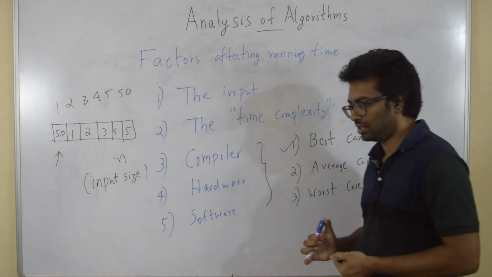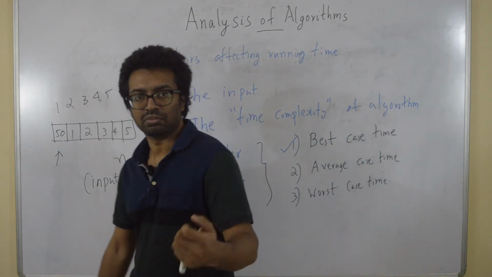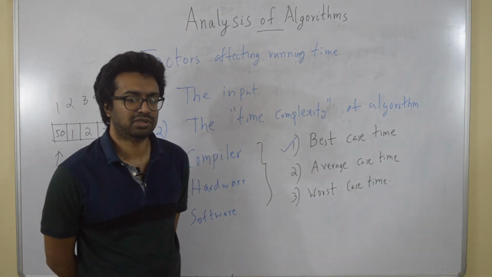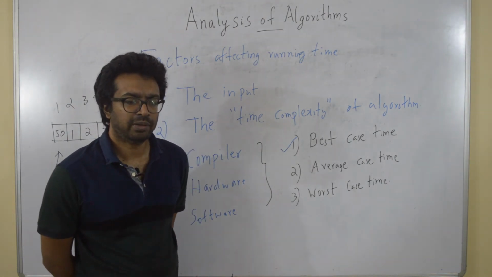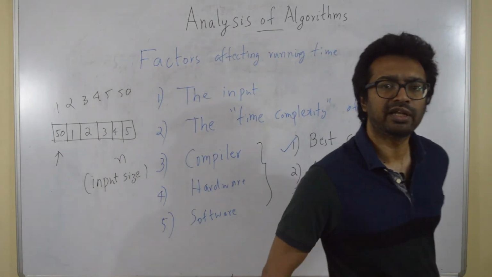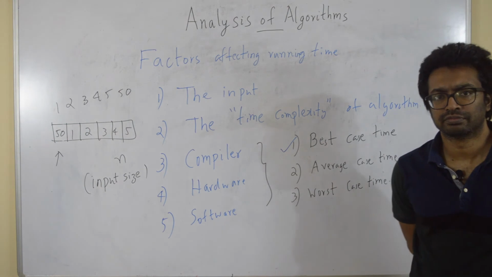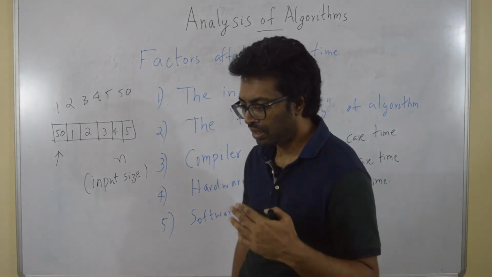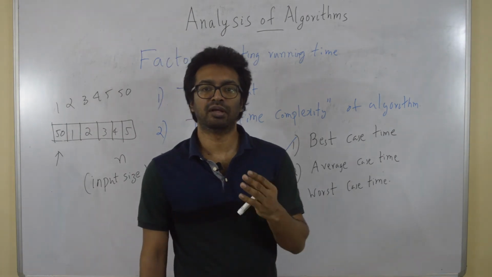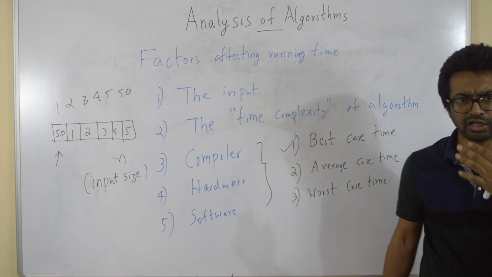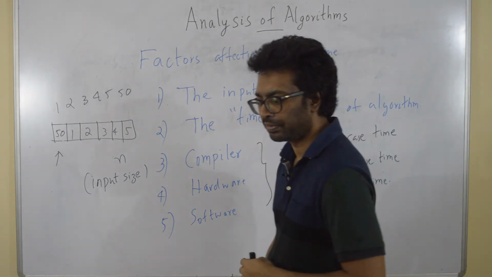Next is the average case time. This is probably the natural thing, right? In the average case, how much time does your algorithm take? Since you have already seen probability and things like that, you can see this is kind of the expected time we are asking.